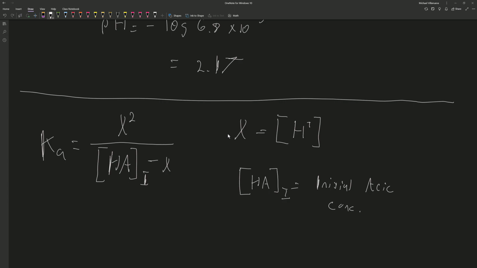And this only holds true if the H plus concentration is approximately equal to the A concentration.